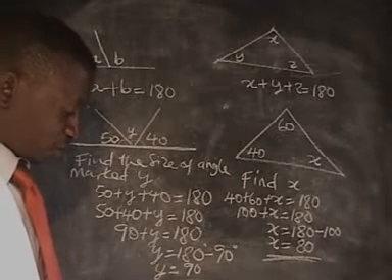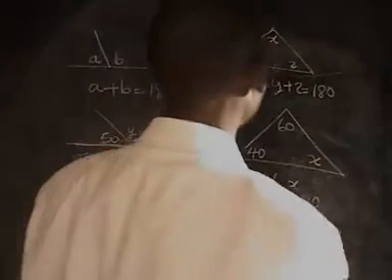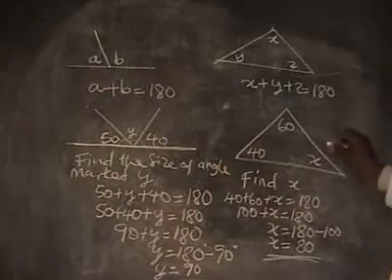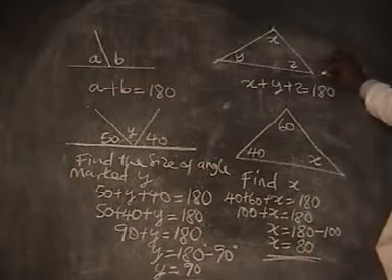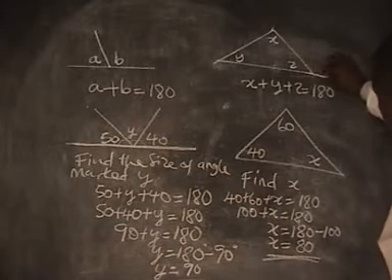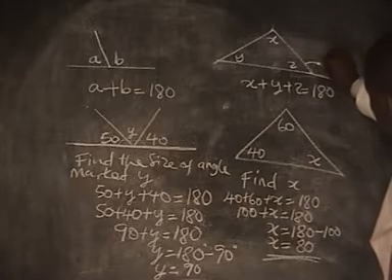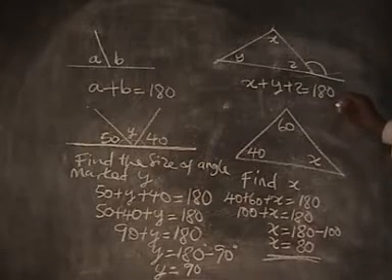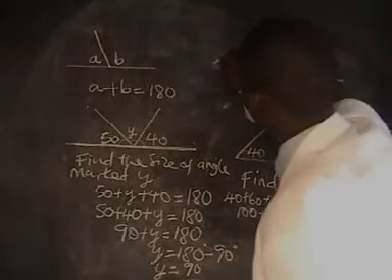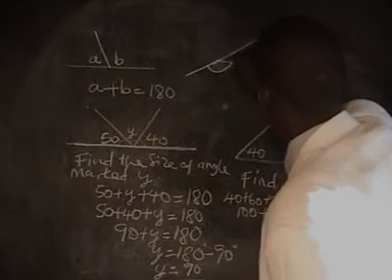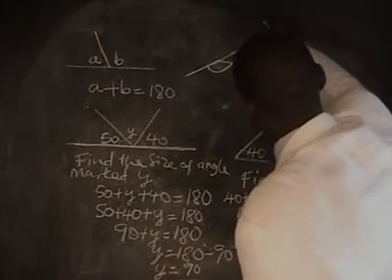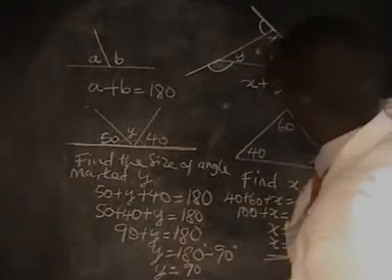Without wasting much of your time, it may happen that the straight lines of a triangle can be extended. If this is extended, there is an angle formed there. If that is also extended, there is an angle formed there, and if this is extended, there is an angle formed there.